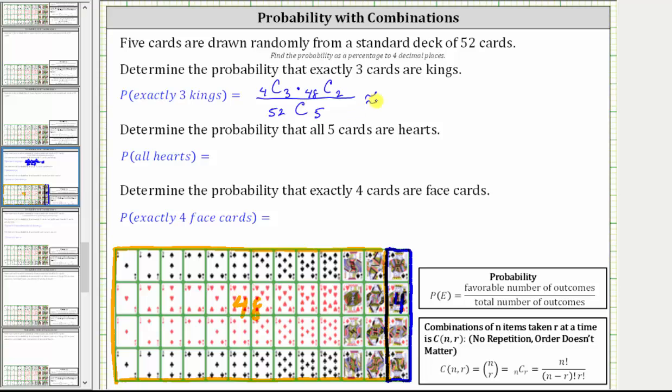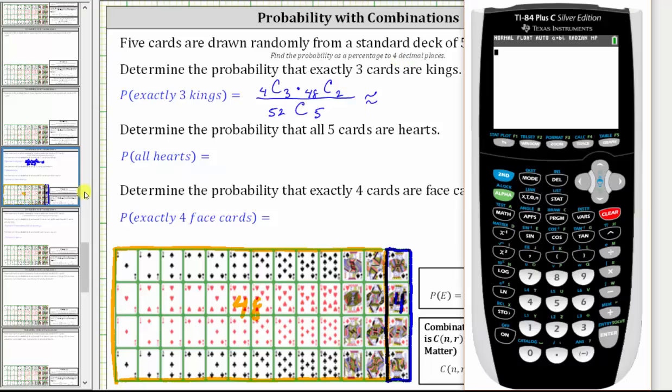And now to evaluate this on the calculator. And again, we'll have to get the decimal to 6 decimal places, so the percentage is accurate to 4 decimal places. We need the numerator in parentheses, so we have open parenthesis 4 choose 3, right arrow, times 48 choose 2, right arrow, close parenthesis, and this is divided by, in parentheses, 52 choose 5.